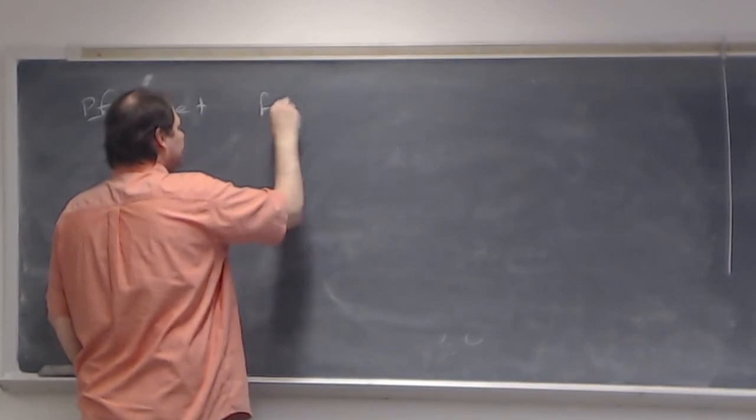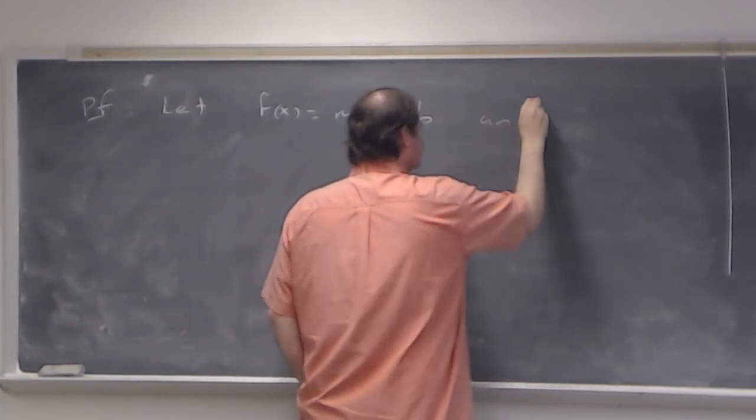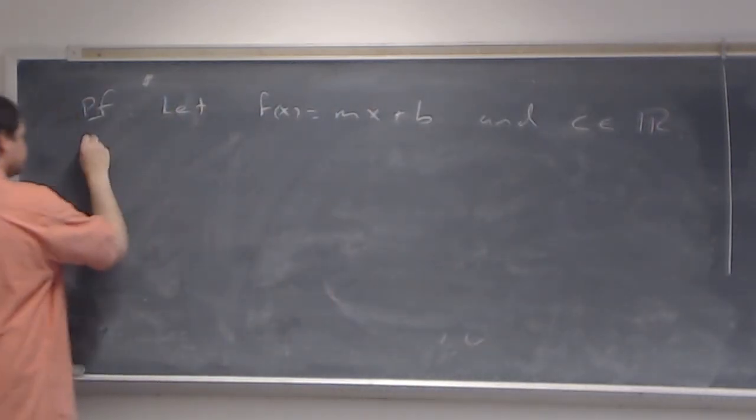Let f of x be equal to mx plus b, and c be an element of R. We want to show f is continuous at c.